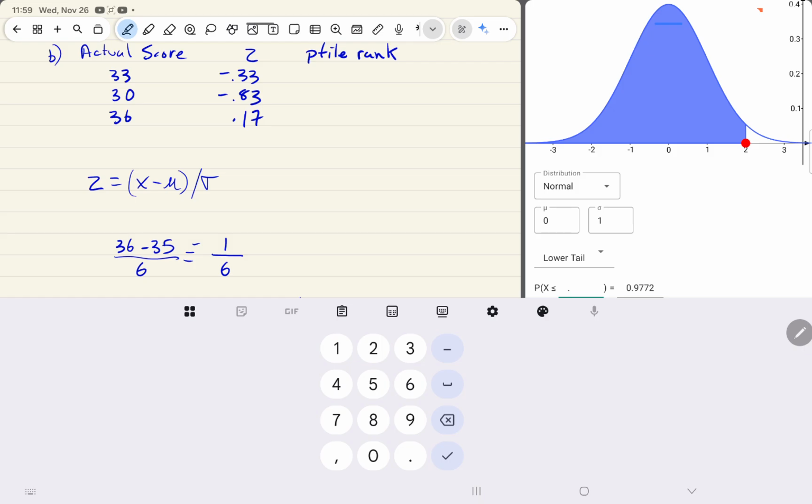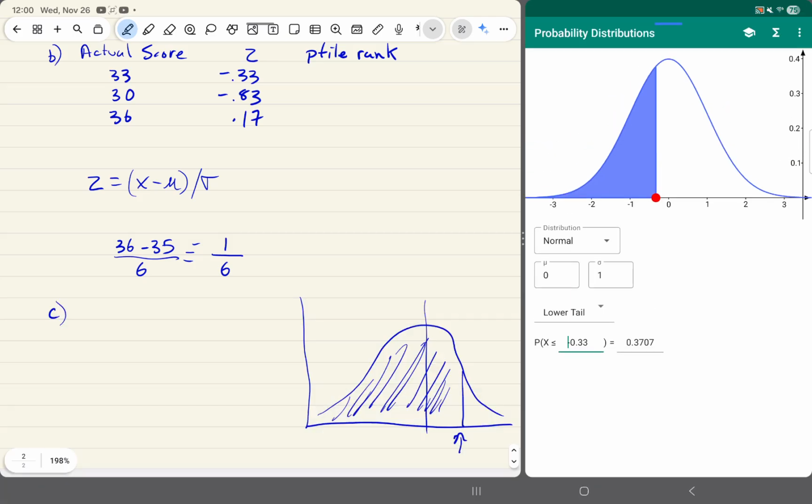So for the first one, I'll type in negative 0.33, and that gives us a percentile rank of 0.37, or your book prefers to put this in percentage terms. So that would be the answer there.